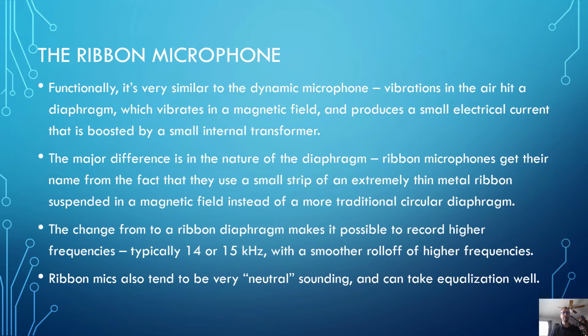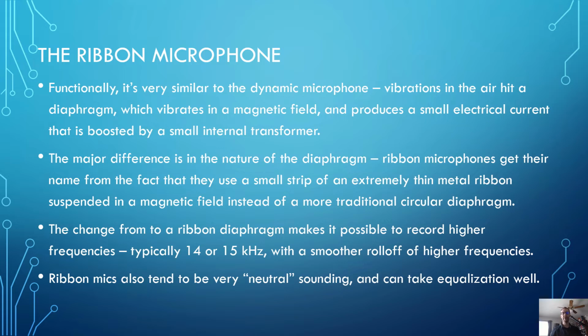So this change in form to a ribbon does a couple of things. First, it makes it possible to record higher frequencies, typically up to 14 or 15 kilohertz, with a smoother roll-off of higher frequencies above that. They tend to sound very neutral, or what you hear is what you get, and they can take equalization extremely well.